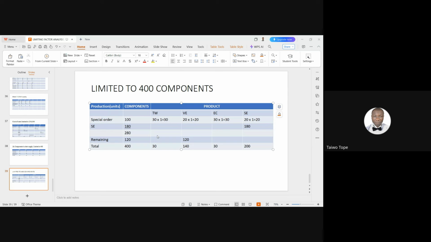I want you to have this mindset that every question in your Pathfinder, that PM, is not difficult. Just have that mindset. When I was to write PM, I solved the whole questions in the Pathfinder.